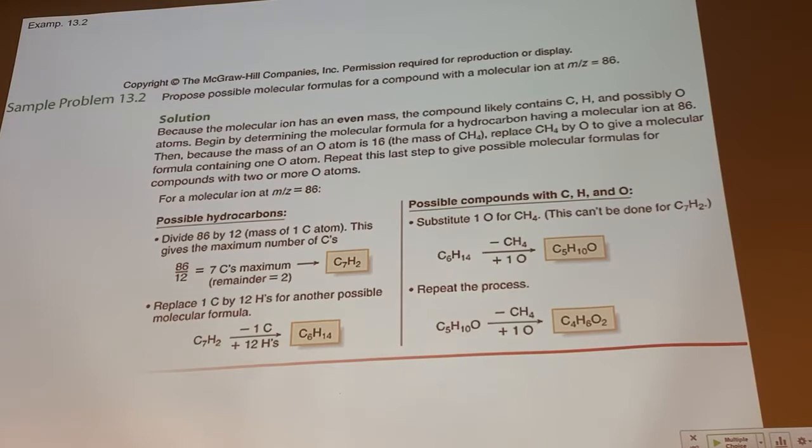Then we can try again. Take out CH4, add an oxygen, C4H6O2. How many degrees of unsaturation are there in this formula? There's 2. So this is also a reasonable formula. We could have 2 double bonds, or we could have a double bond in a ring. So this is the process we go through to generate possible molecular formulas.